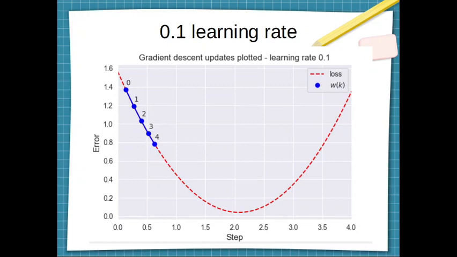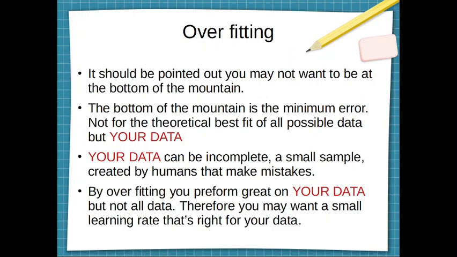Now that's not uncommon. Everybody knows about learning rate. People commonly use values less than 0.1 for learning rate. It's kind of a big deal because of overfitting.